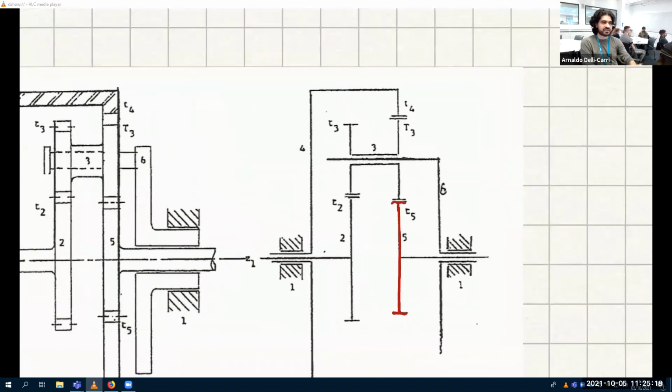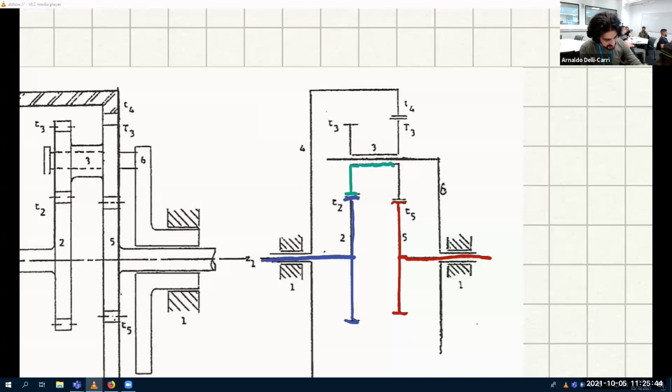So this is a gear with teeth. And this is the shaft the gear is mounted on. Okay, so that's how you represent a gear in a line diagram. As you can see, this one is another gear. It's called gear 2. Now these two mesh with another gear, which is this one.